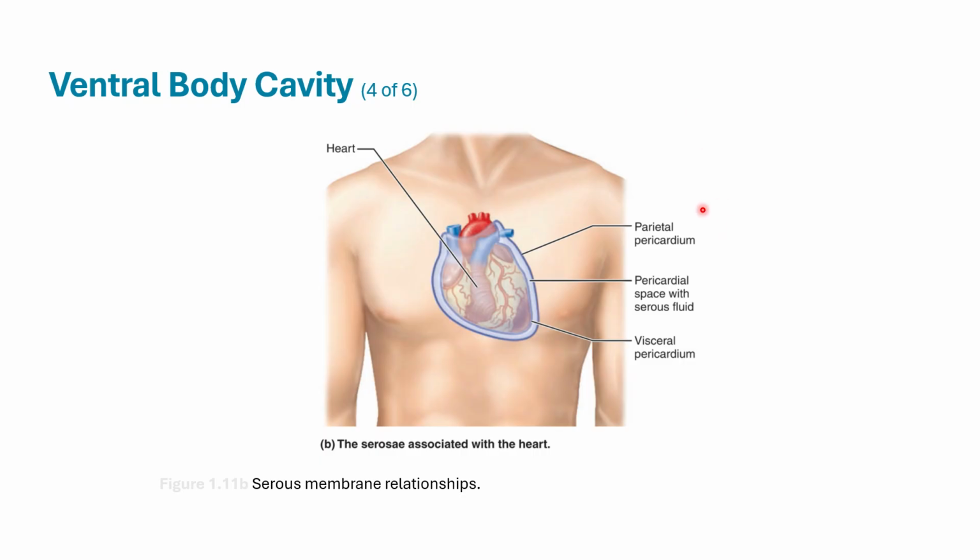Okay, so here's the parietal pericardium, this outer layer. The pericardial space, which is the middle layer, is filled with the serous fluid. And then we have the visceral pericardium. This is the very inner layer, and that's what covers the surface of the heart.